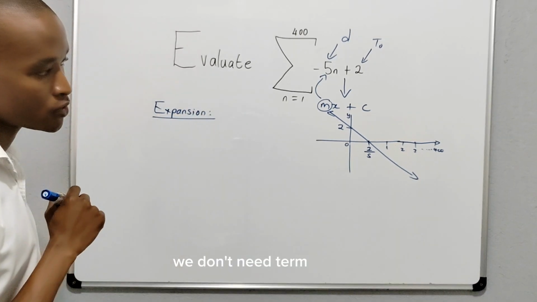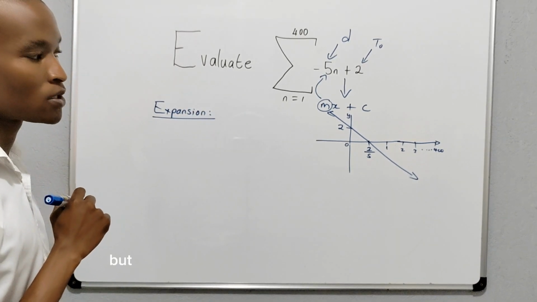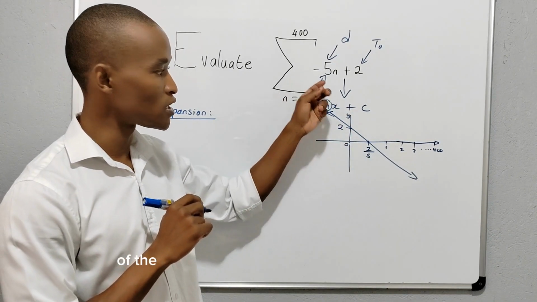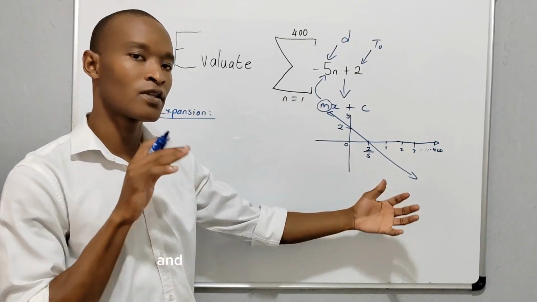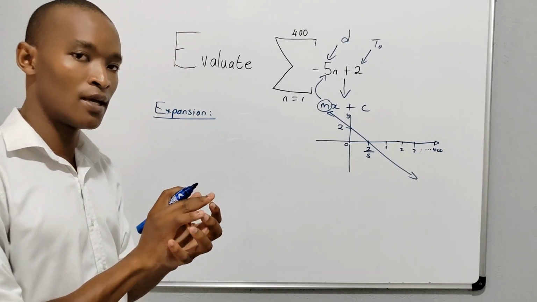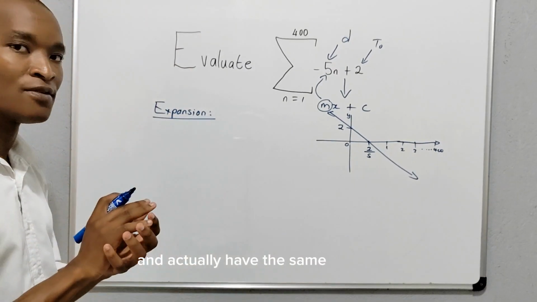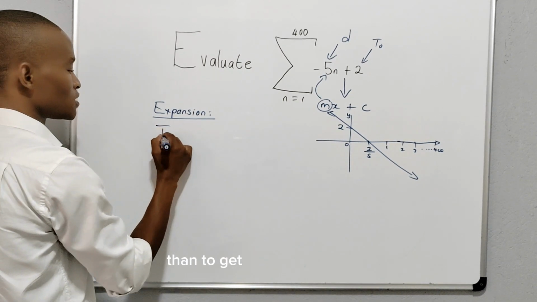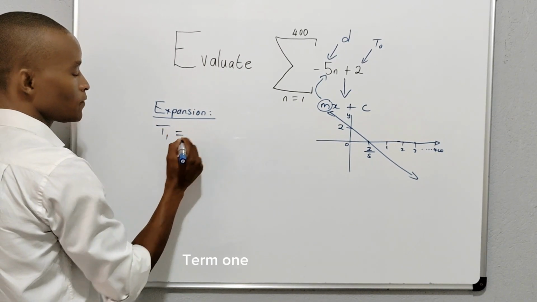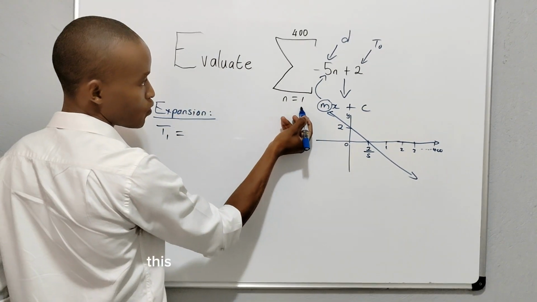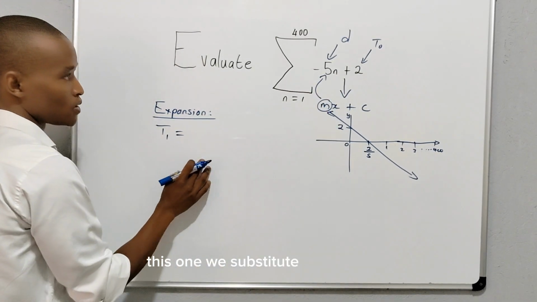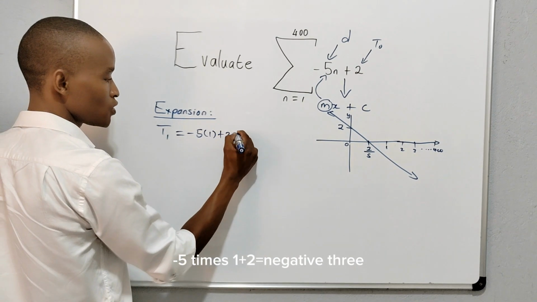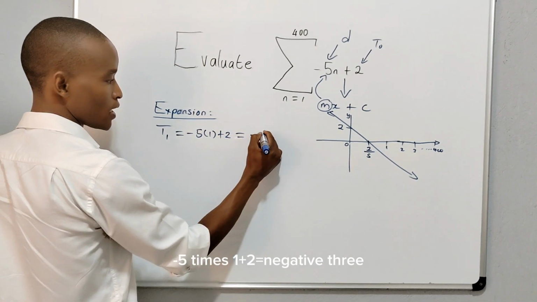Okay, we don't need term 2 and 3. But, for the sake of explaining, the combination of the sigma notation and the function itself and the fact that they are similar and actually have the same end result is important, so let us get term 2 and term 3. Term 1, by substitution. We substitute into the rule. -5 times 1 plus 2 is equal to -3.